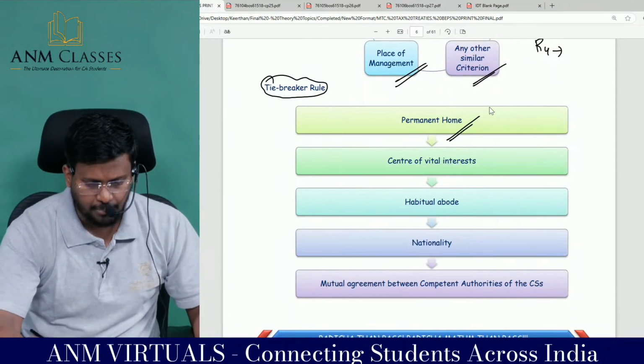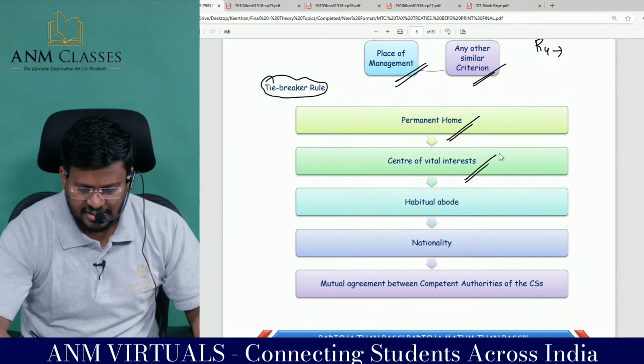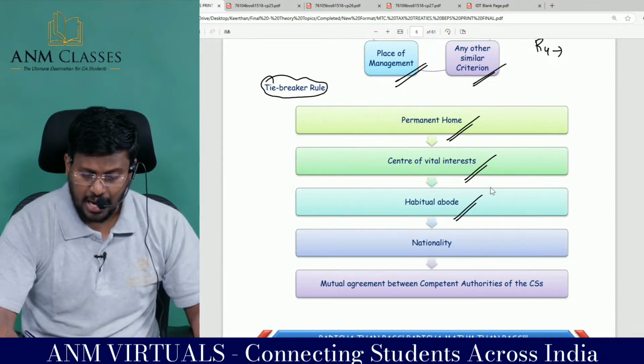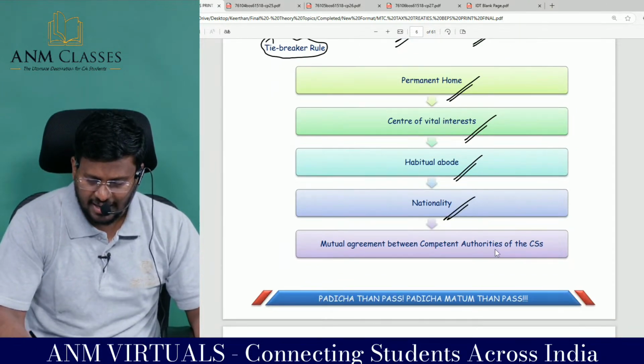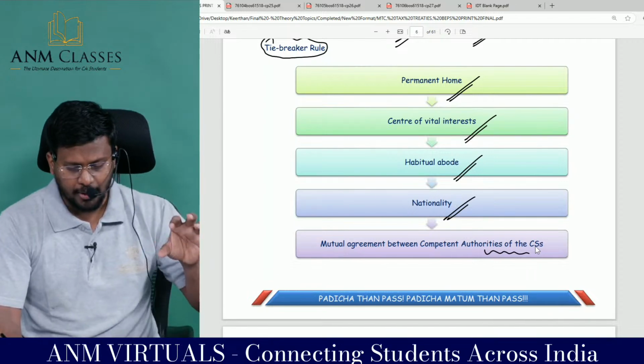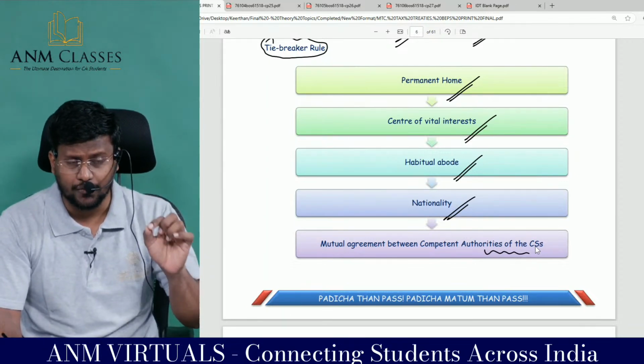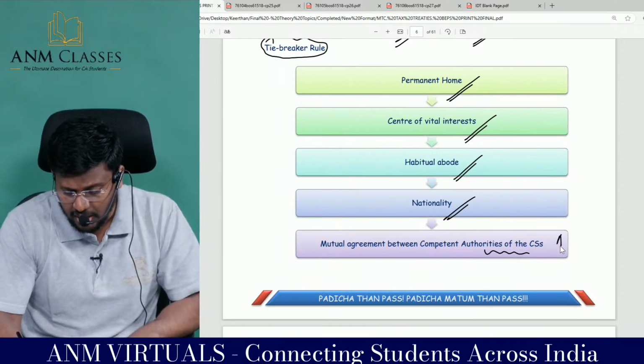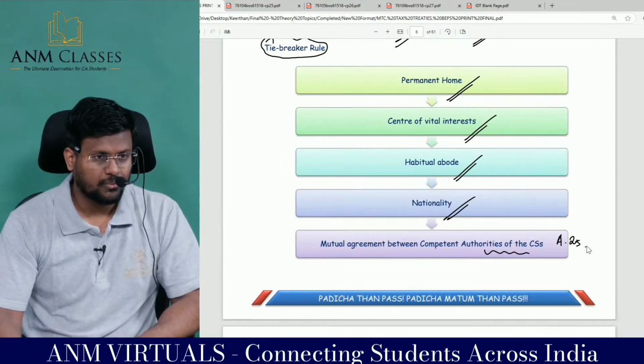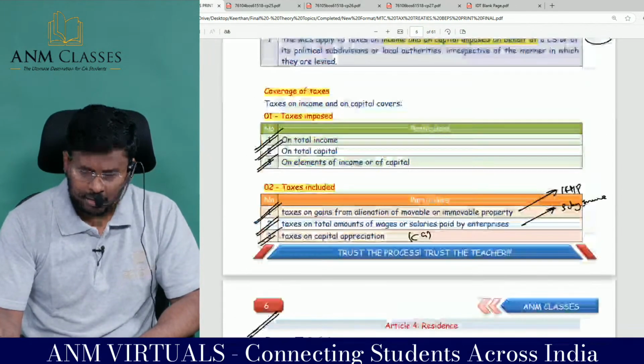Check whether he has a permanent home, whether there is any centre of vital interest, habitual abode, nationality, and the mutual agreement between competent authorities of the contracting states as per Article 25.